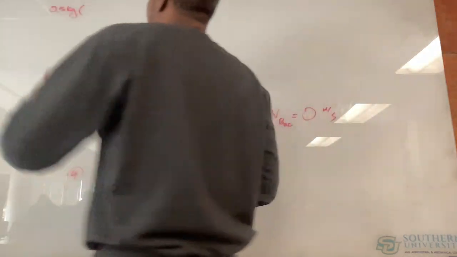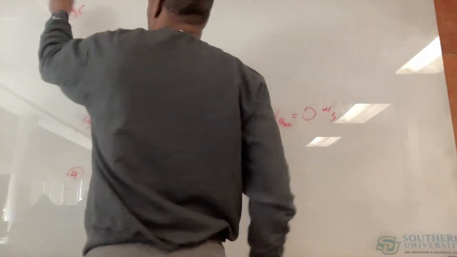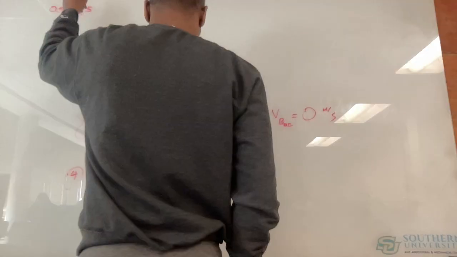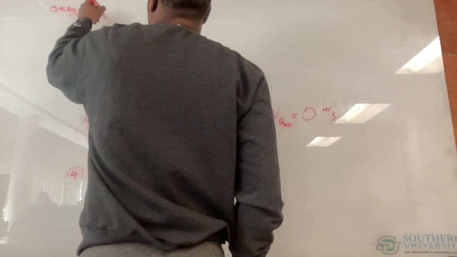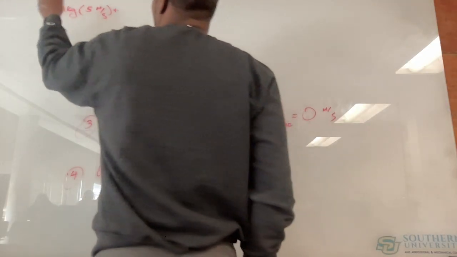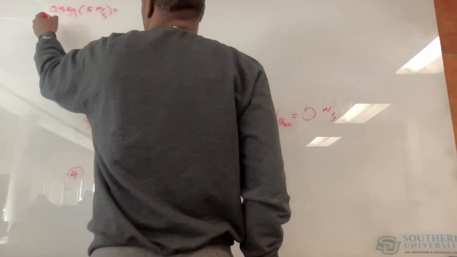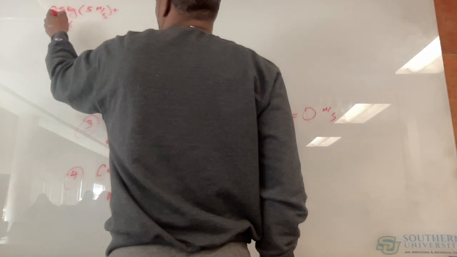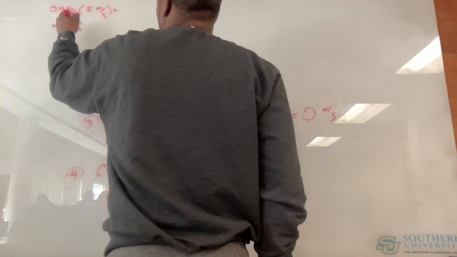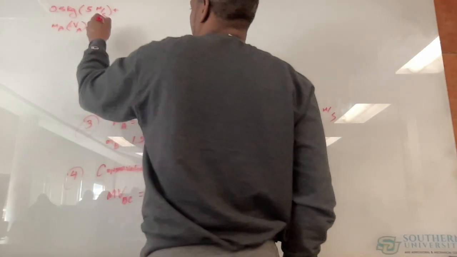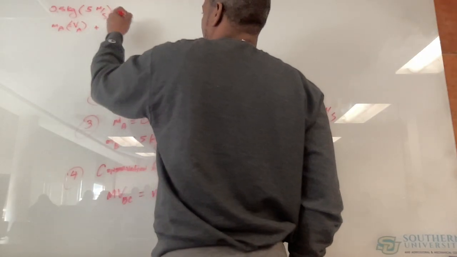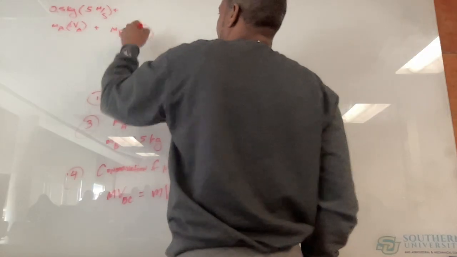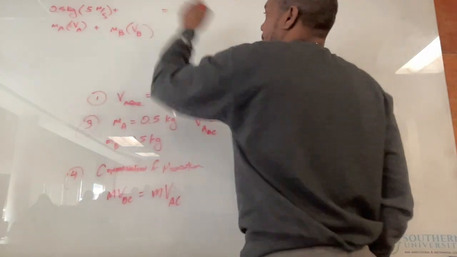Stationary. So we got mass of that times 5 meters per second. Plus what? So this is really mass A times velocity of A, plus mass B times velocity of B. That's going to be what? Before the collision.